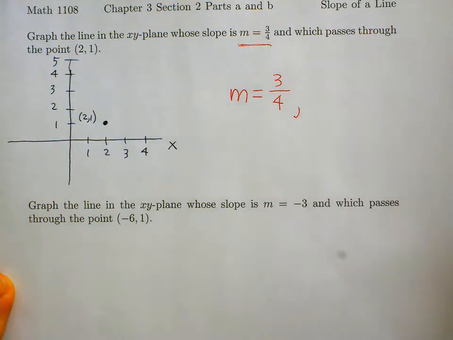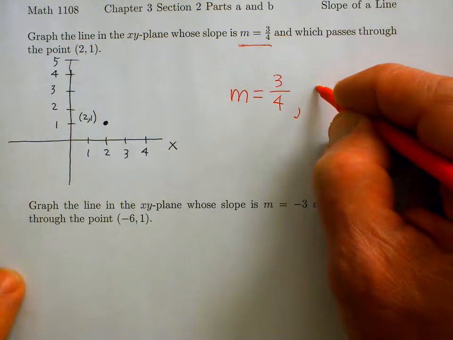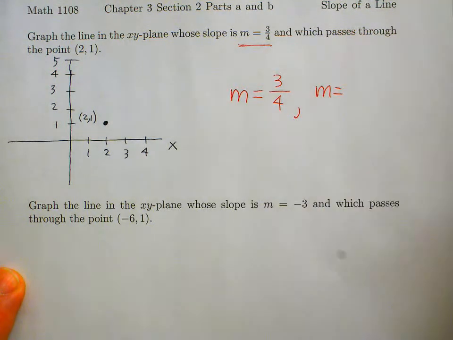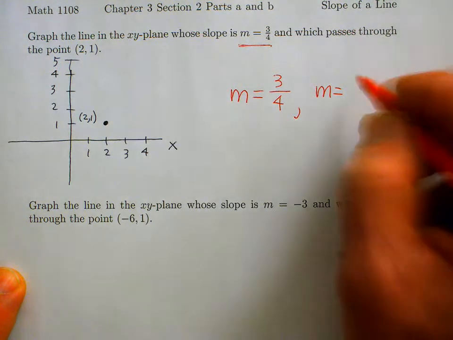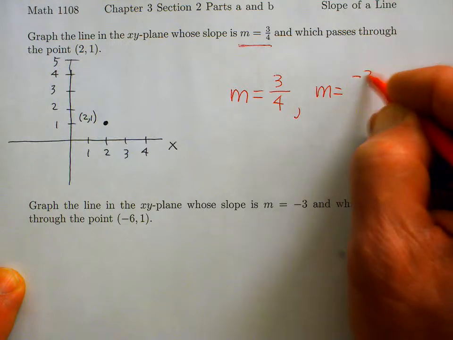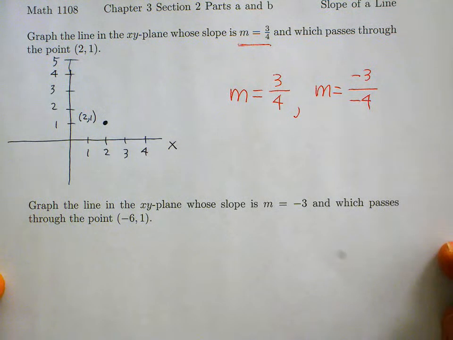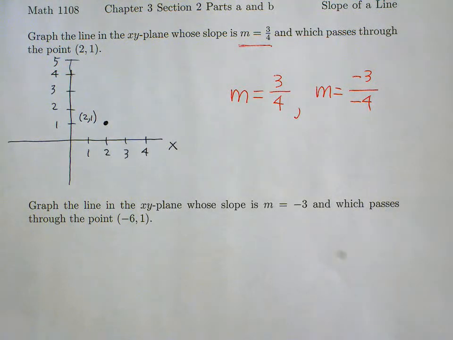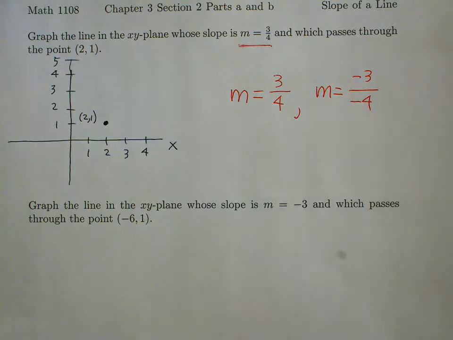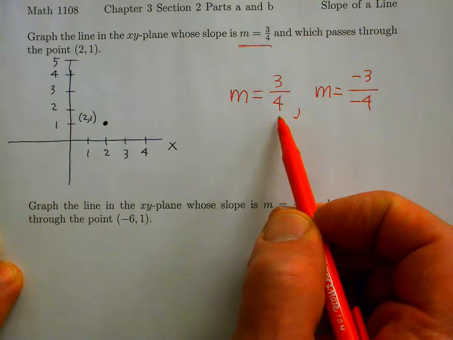If you prefer, you can think of the slope as having a rise of -3 and a run of -4. So you'll agree that +3/4 is the same number as -3 divided by -4. I'll show you what I'm getting at here in a minute. Let's use the positive slope first.